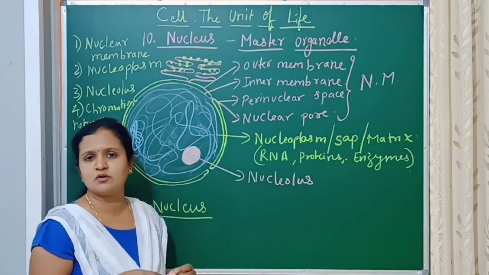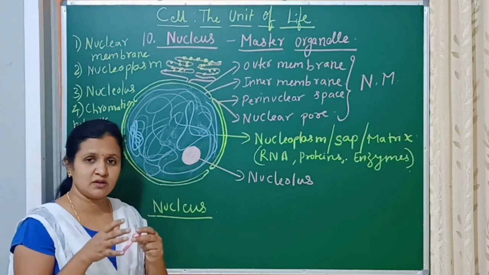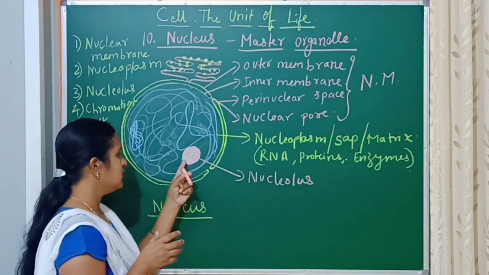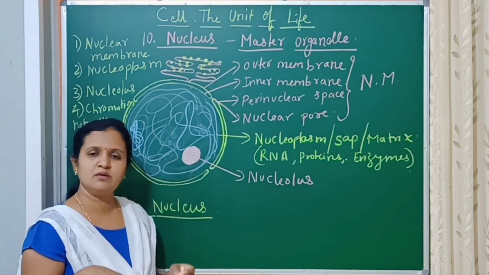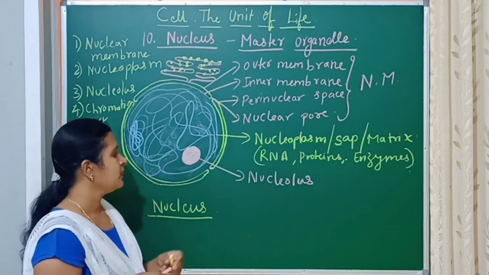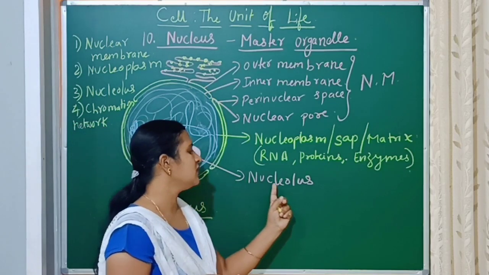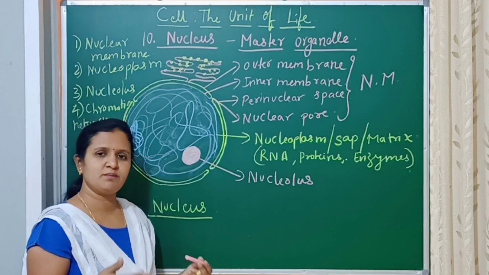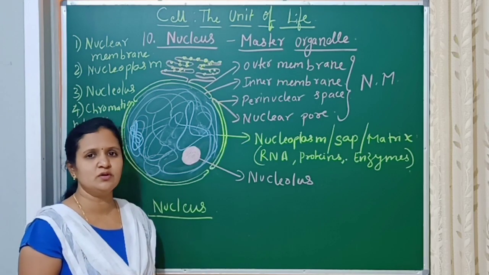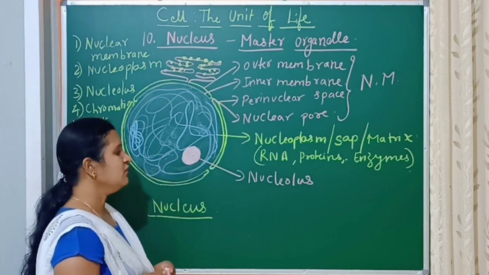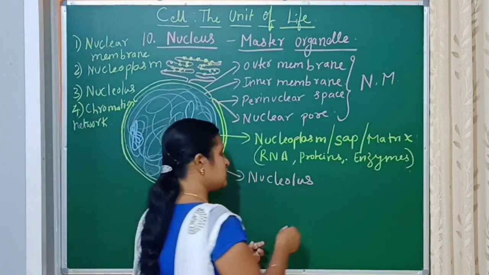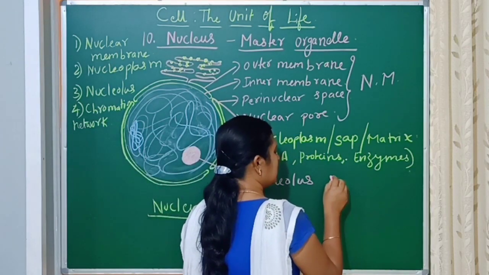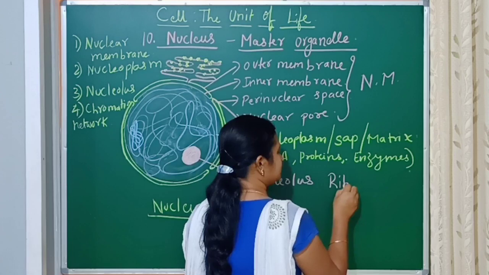During cell division, the nucleolus and the nuclear membrane both disappear, and after completion of cell division they reappear. The main function of the nucleolus is to synthesize ribosomal RNA.